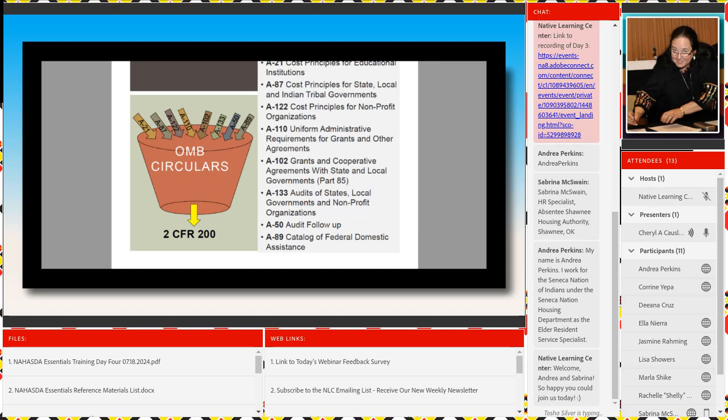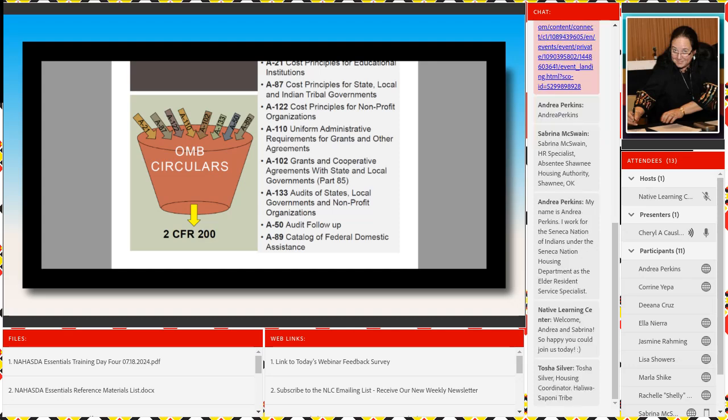So your procurement and your finance policies, look at them, and if they have, and I always call it the A word, if you find any of these A policies or your policies referring to them, you have to redo your policy, okay? Because they're quoting things that we no longer follow. And I've seen them this year.